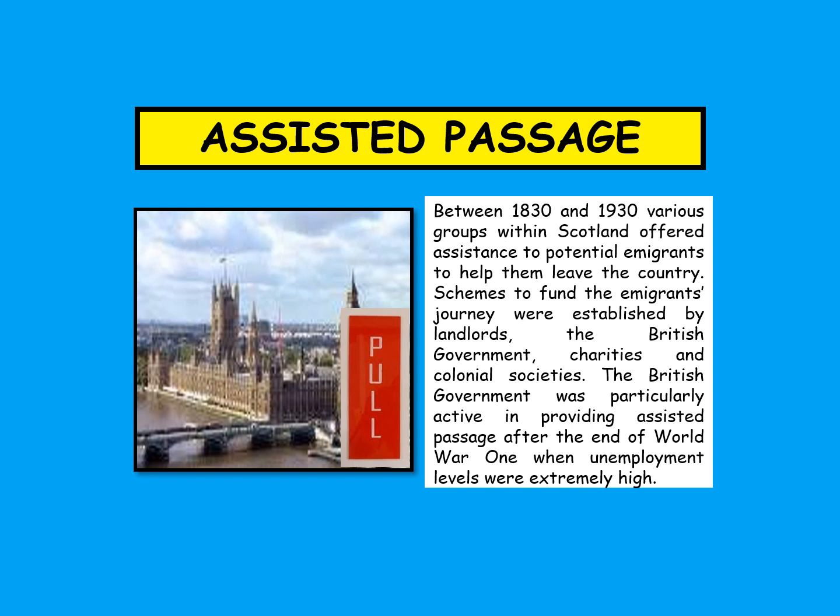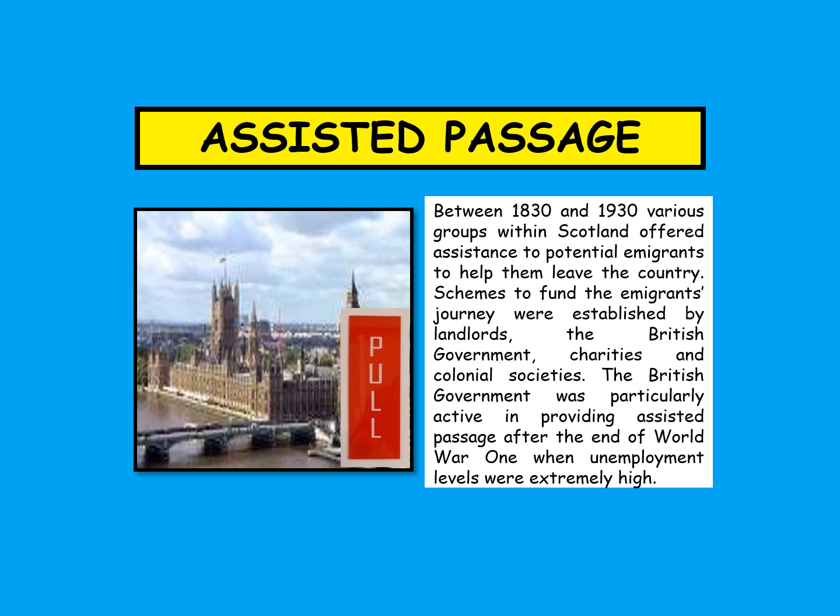You've got the British government in particular providing assisted passage after the end of World War I, because unemployment levels in the UK were very, very high, and there were not really jobs or industries for these people to come back to. So they were increasingly trying to encourage them to go elsewhere and work elsewhere, and it was kind of a reward in a lot of ways for these soldiers who were maybe coming back from the war, and it was like, here's some money to go to New Zealand or to India and make a lot of money living over there.